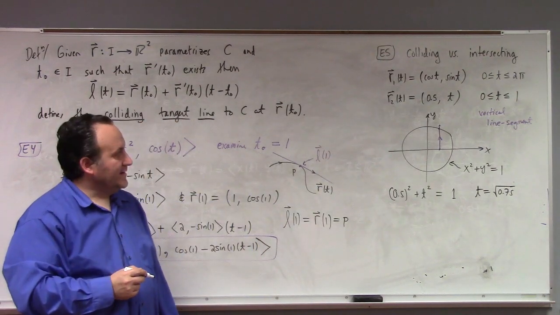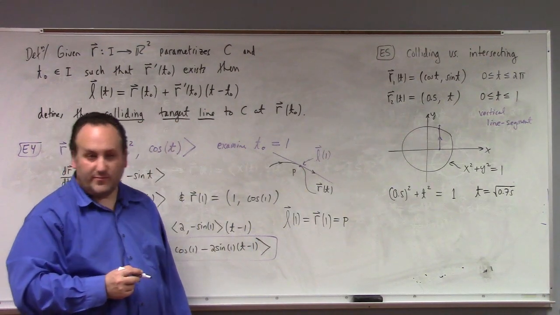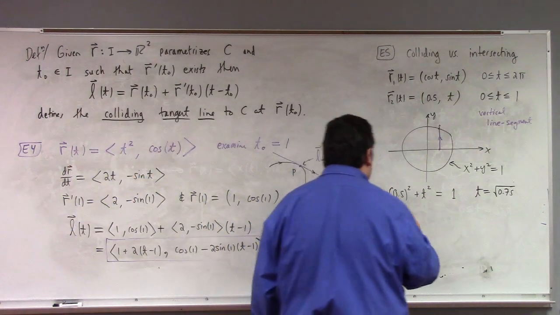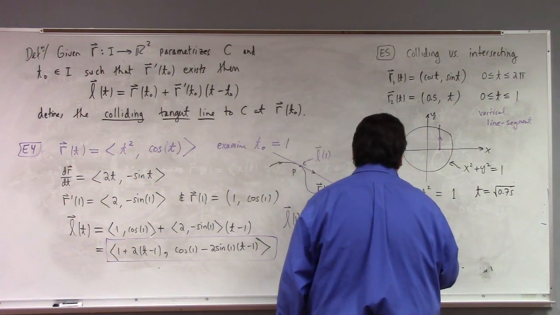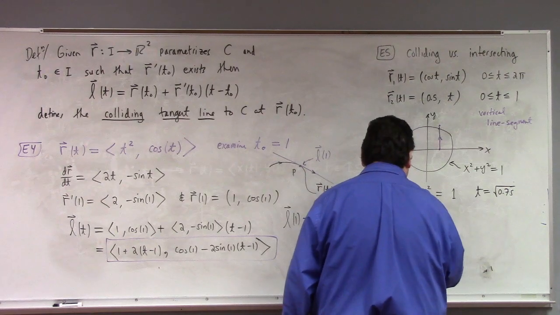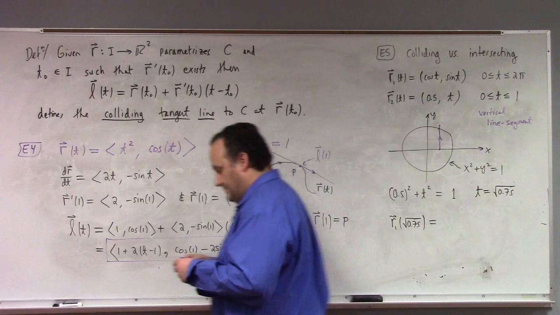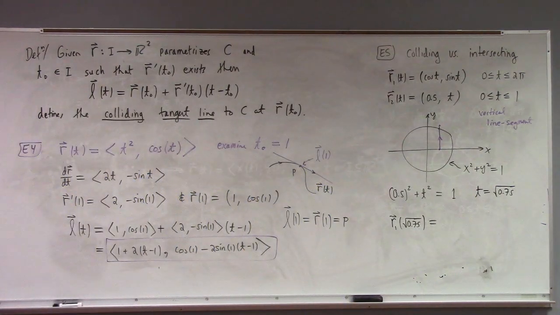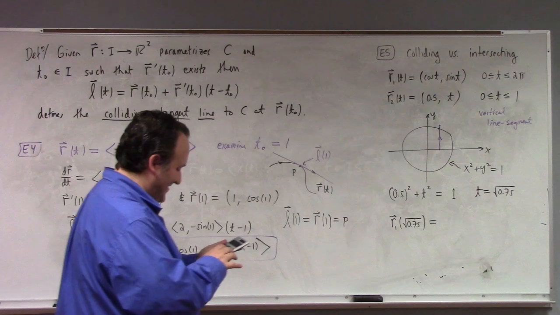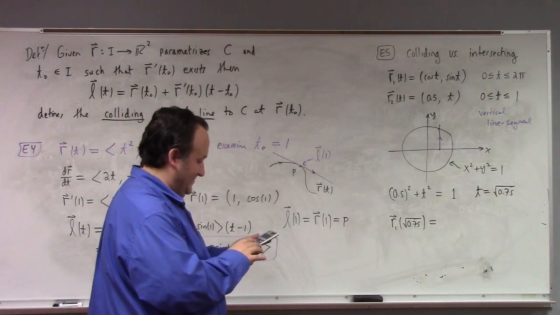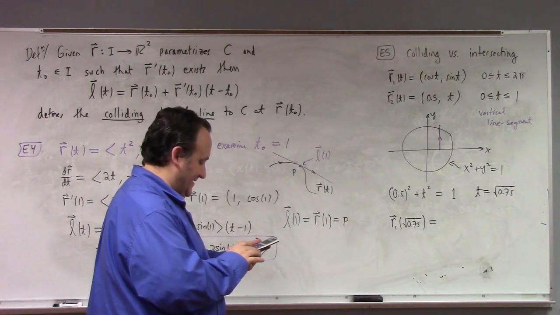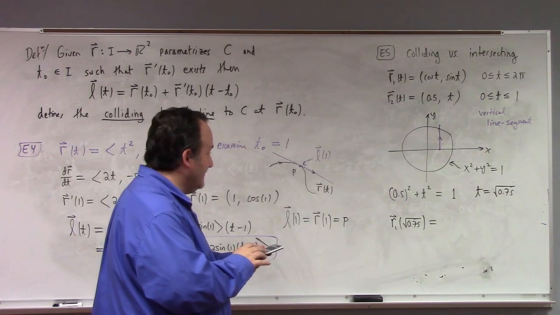When you plug that time into R1, are you at the same point? What is R1 of the square root of 0.75? What does that work out to? If it's the same point, I am the most unlucky person. I guess if it's the same point, I'll have to shave my head.